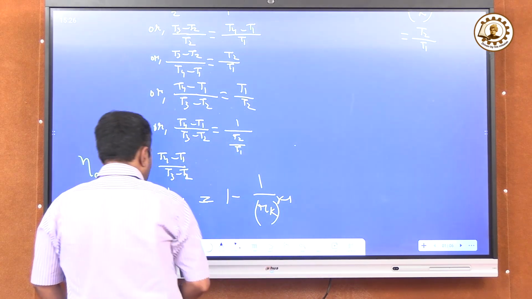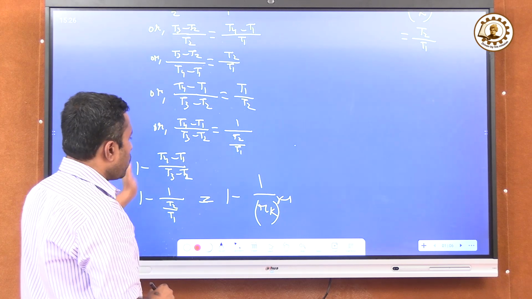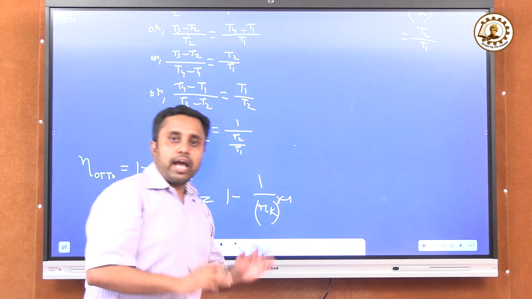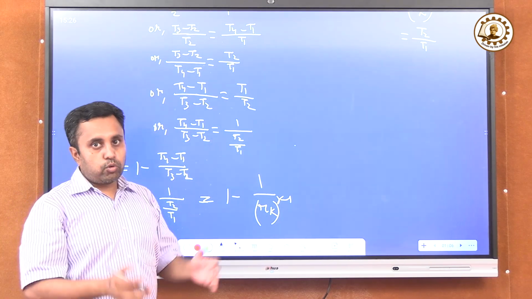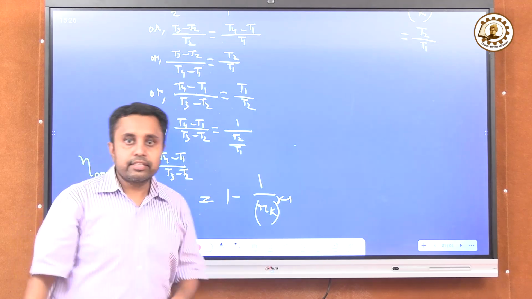This is the formula of derivation of efficiency of Otto in terms of compression ratio. And now, if you have any question you can ask me, otherwise we have ended the class here. Thank you.